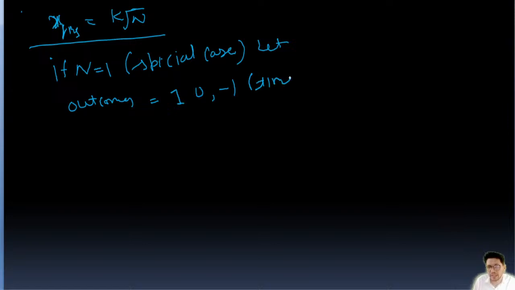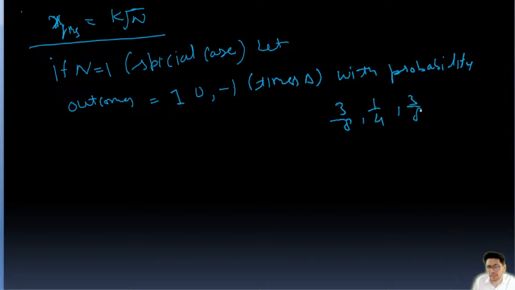They will be times delta because the step length is delta. And with probability, for 1, that is right, it will be 3 by 8, and for 0 it will be 1 by 4, and for left it will be 3 by 8.